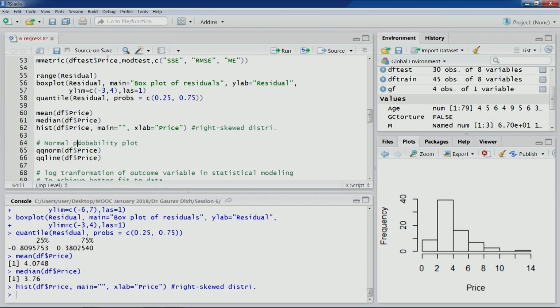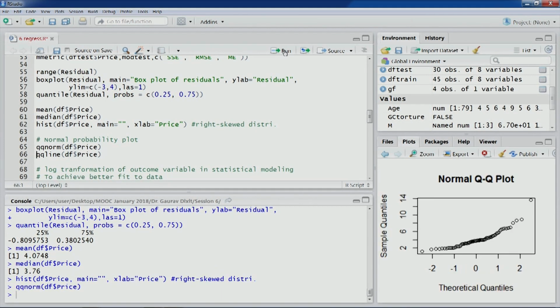For example, one popular plot that is generally used is the normal probability plot. We have the qqnorm function to generate it, so we are going to use this. We are applying qqnorm on the outcome variable, df price, and this is the plot that we get. We want to have a reference line to compare whether the plot follows a normal distribution or not.